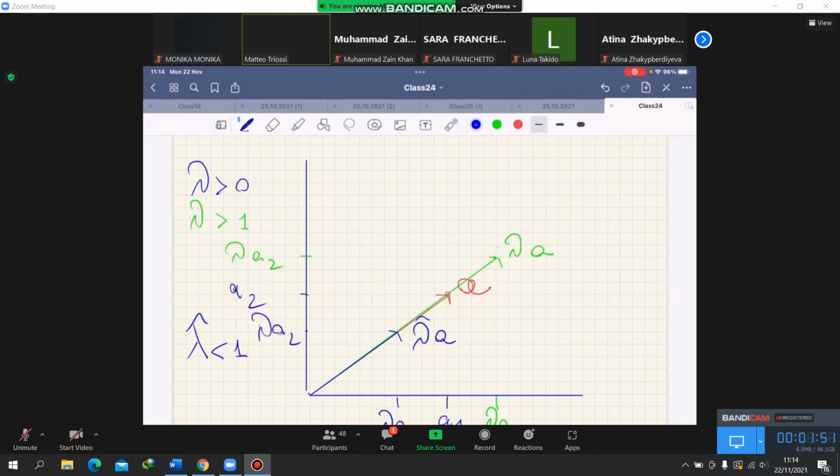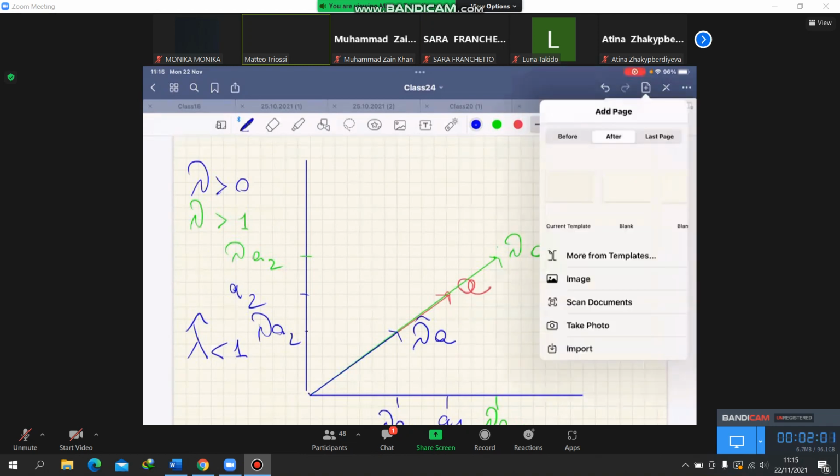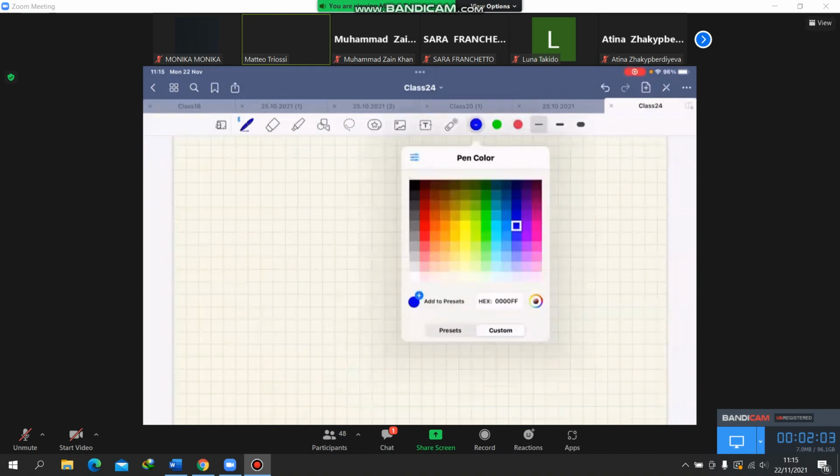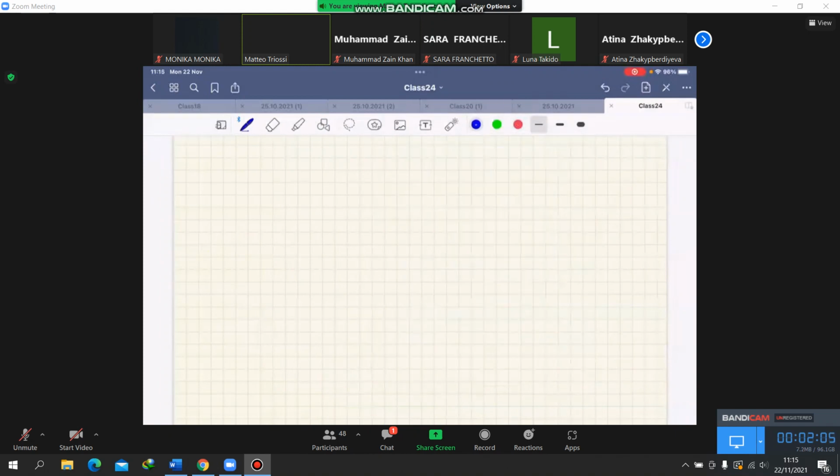What if lambda is negative? If lambda is negative, what if lambda is negative? So here and here.